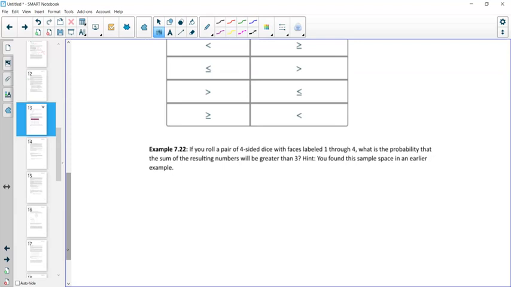And we found the sample space of this earlier, and it was 16. So we want to know the probability of E, E being sum greater than 3.